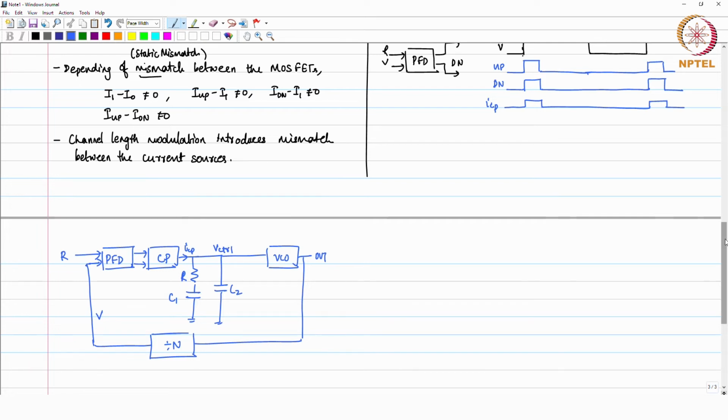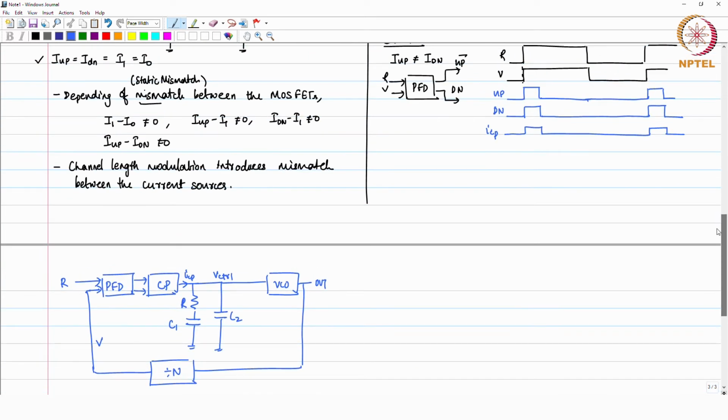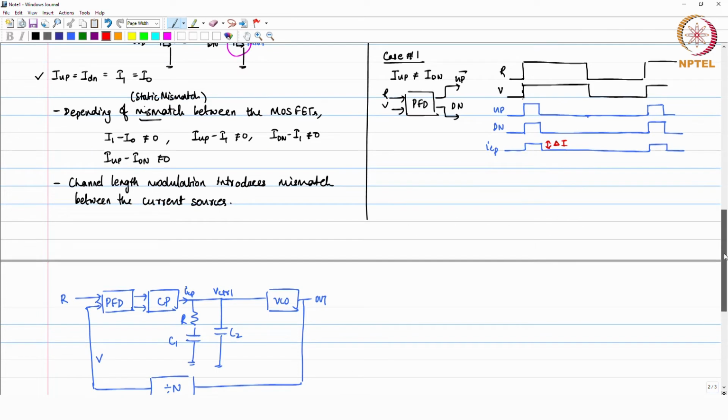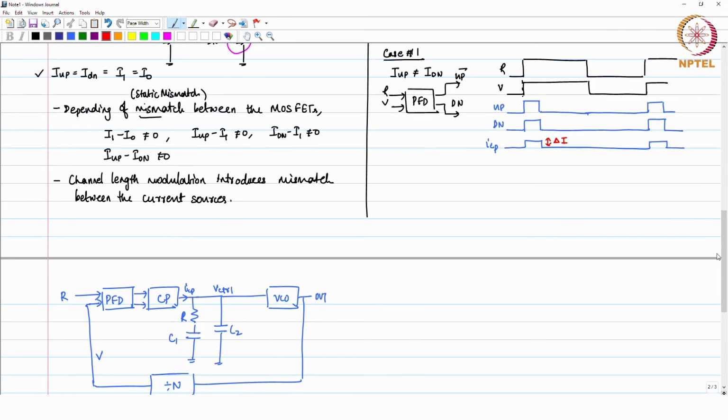This will happen if there is a difference between I up and I down, and that difference I am calling delta I. If you are going to add this current to the PLL, the ICP waveform has a non-zero DC value, which means you are adding a DC current to the capacitor.